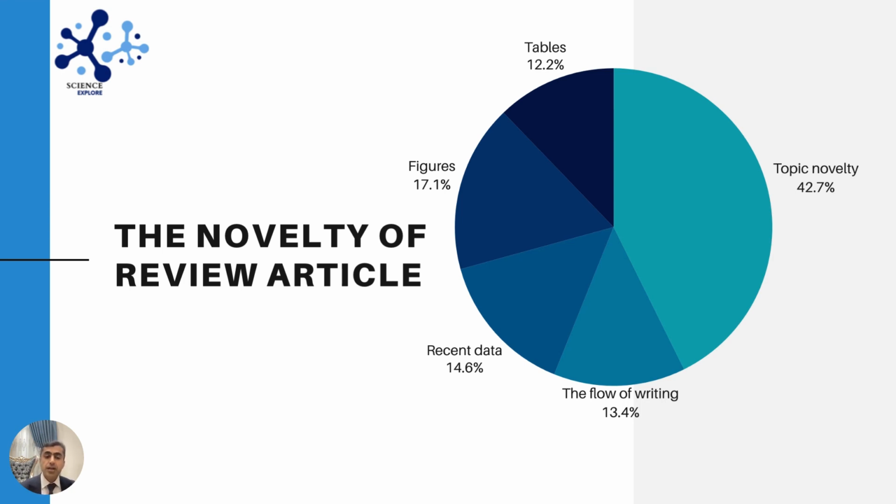Then the figures: the original figure gives the novelty for your paper nearly up to 17 or sometimes up to 20%, especially when you submit your paper to the Nature journals.